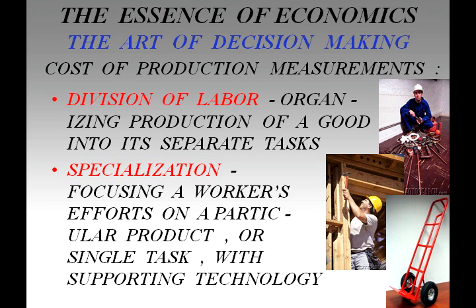Or if you also had a hand truck on the truck itself, you could take the boxes and move them into the truck more efficiently. Division of labor and specialization are the two keys to increasing productivity and efficiency of workers and operations, and can help lead a company to economies of scale as well.